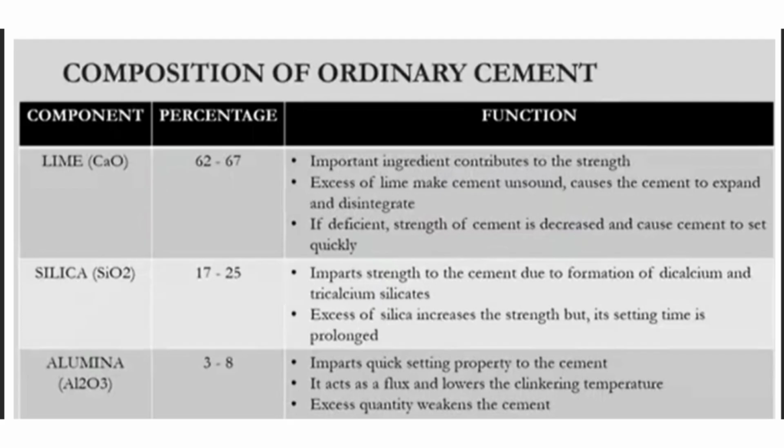So next we will see the composition of ordinary Portland cement. So first one is lime, that is calcium oxide.